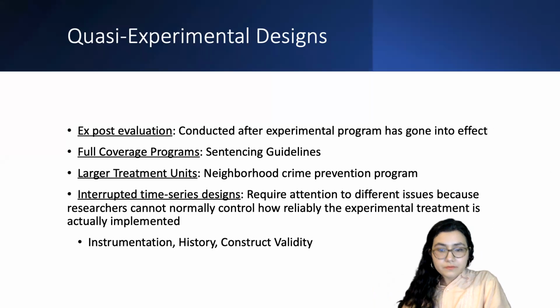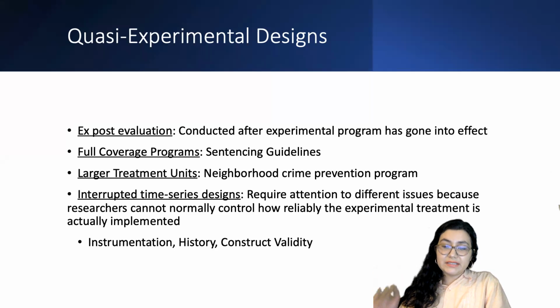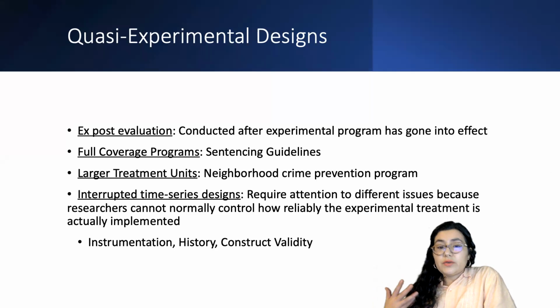So we went briefly through all of these quasi-experimental designs. The statistical analysis of them is a little bit more complex, so I'm not going to give you a summary of what exactly it is for each of these. But I will give you a sense of how we could use quasi-experimental designs in criminal justice.